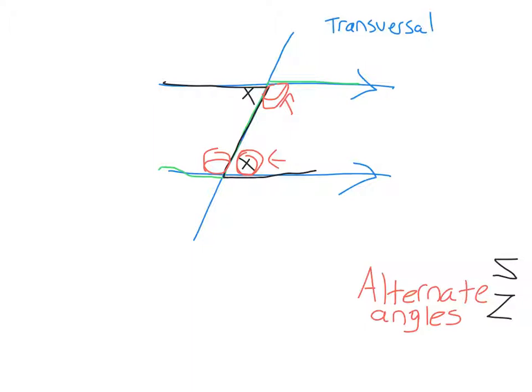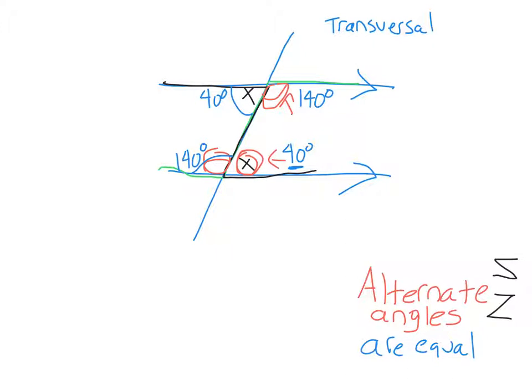So if x was, say, 40 degrees, this angle here would be 140 because they're co-interior, they add to 180, but then this angle here would also have to be 140 because it has to add to 180 with that one there. And then, of course, this one here would be 40 degrees. So you can see the two black angles and the two red angles are equal to each other. Alternate angles are equal. Okay?